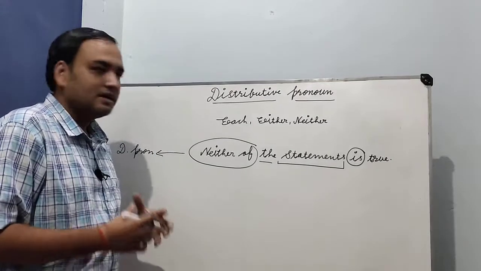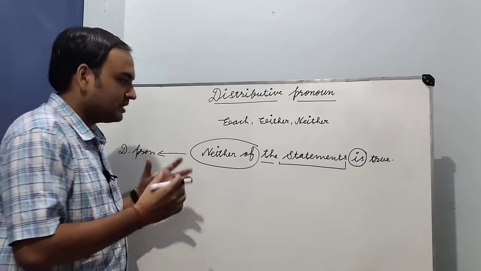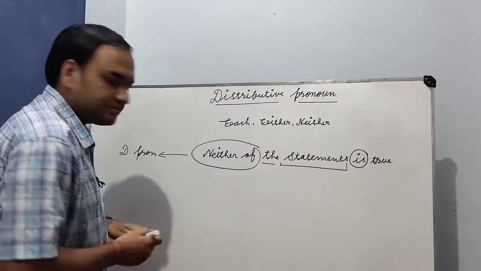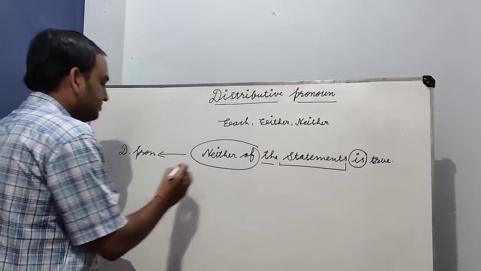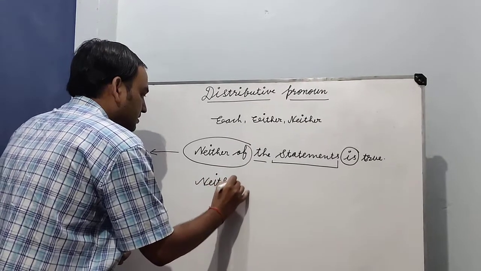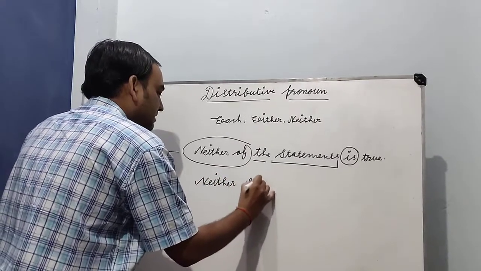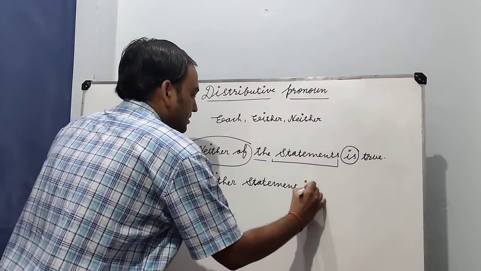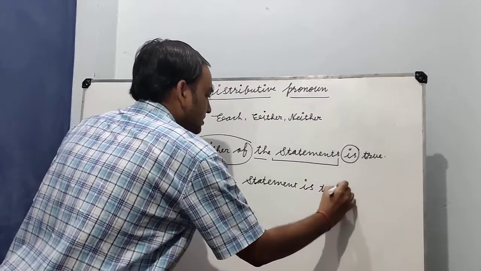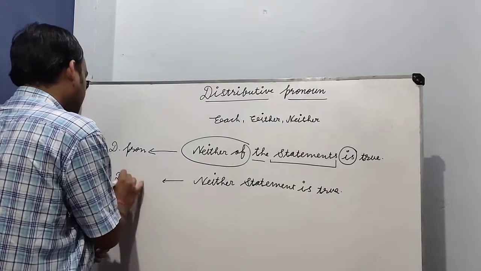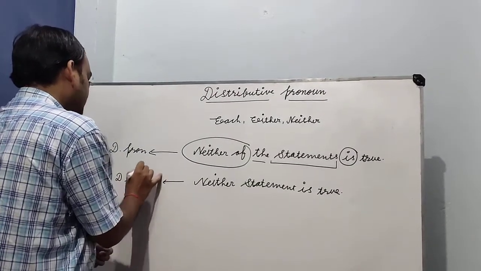Neither of the statements is true. It means that कोई भी statement है ना दोनों में से true नहीं है. Yes, if we are using here neither statement is true, it means that this is a distributive adjective.